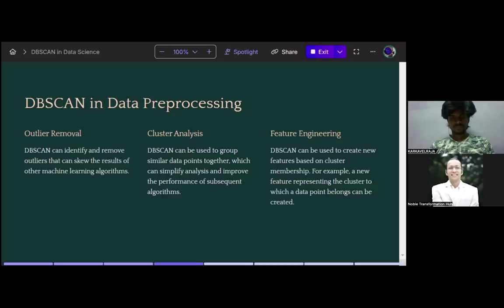For example, a new feature representing the cluster to which a data point belongs can be created. So this is how DBSCAN helps in data pre-processing through outlier removal, cluster analysis, and feature engineering.